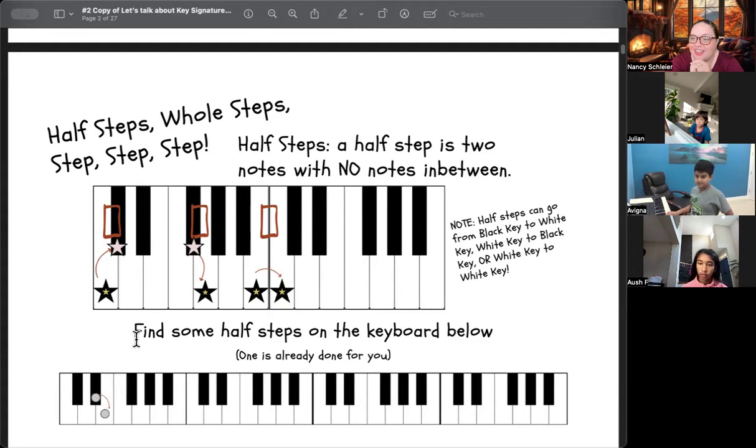Very nice. All right, Keslin, play me a half step. Make sure your original sound is on. Very nice. All right, and then Julian, play me a half step.